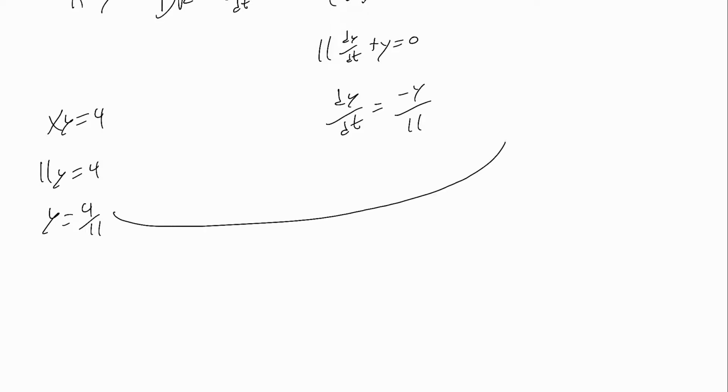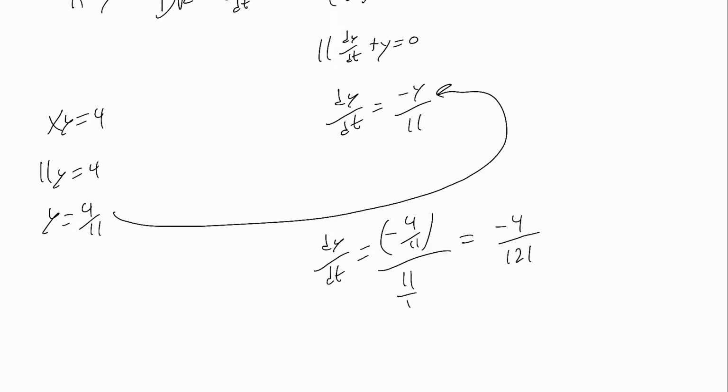So let's plug that in here. And we find that dy dt is minus 4 over 11 over 11. Now we have a fraction on top of a fraction, because this is kind of 11 over 1. So this works out to be minus 4 over 11 times 11, or 121. So that's dy dt there.